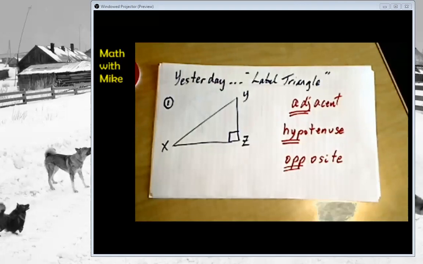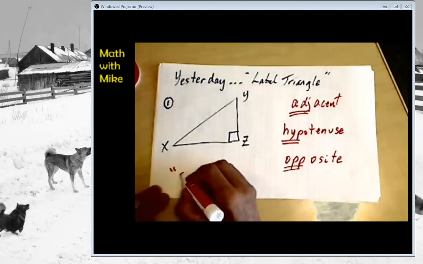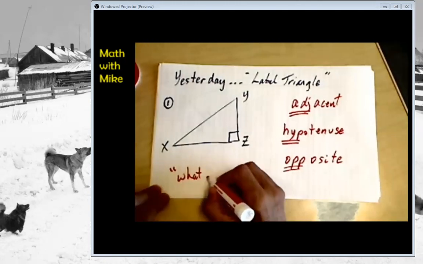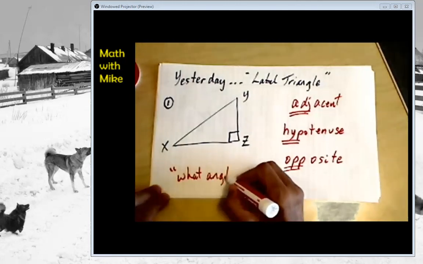All right, what else do we need to know in order to label a triangle? I'm just going to say we need to know what angle we're looking at. I don't know if we used this sign for an angle yesterday.